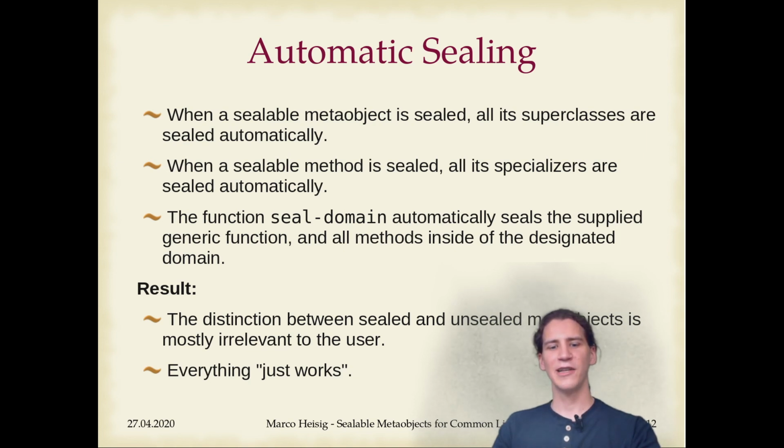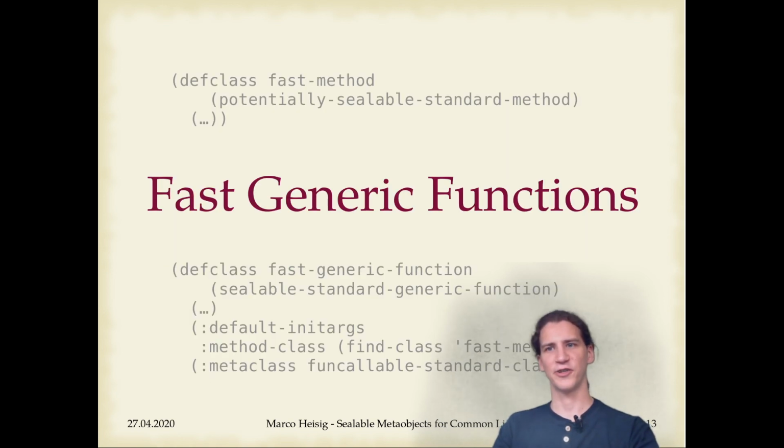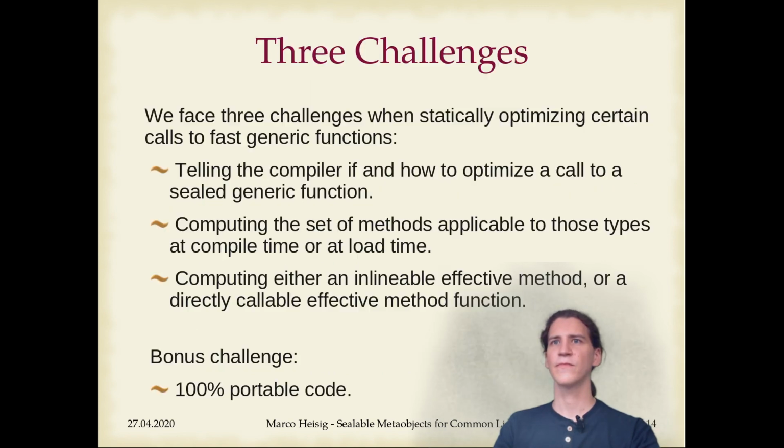And now finally we have the prerequisites for what we actually wanted to do, which is to implement fast generic functions. I don't want to discuss every step in detail, but rather highlight the three most challenging tasks when writing these optimized fast generic functions. Challenge number one is telling the compiler if and how to optimize a call to a sealed generic function.